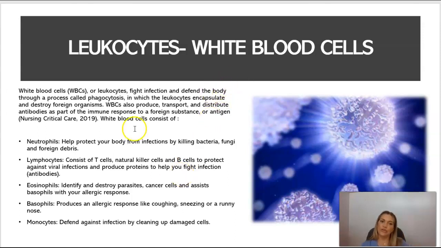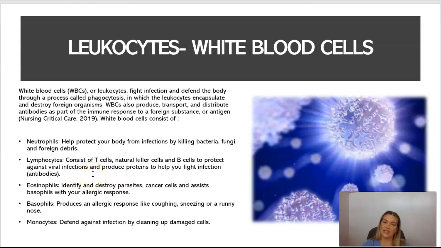You first have the neutrophils, and they help protect your body from infection by killing bacteria, fungi or fungus, and foreign debris. You also have lymphocytes, and the lymphocytes consist of T cells, which are natural killer cells, and B cells to protect against viral infections and produce proteins to help you fight infection, otherwise known as antibodies.